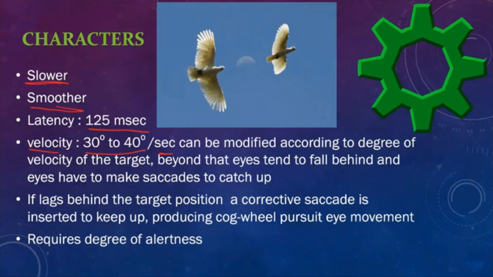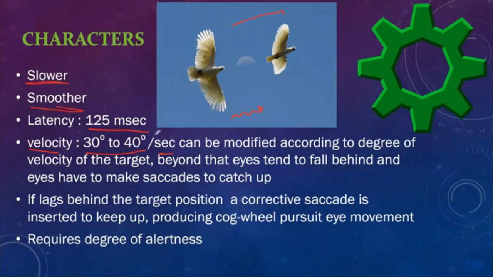So when this bird is moving from one direction to another, your eyes are moving slowly in space in order to keep tracking this bird in the sky. What happens if the bird movement is too rapid? It is much more rapid than 30 to 40 degrees per second, and now you are not able to catch this bird by your pursuit movement.